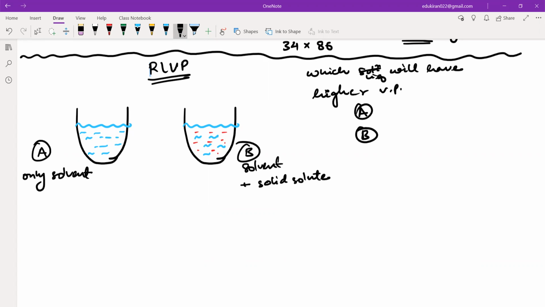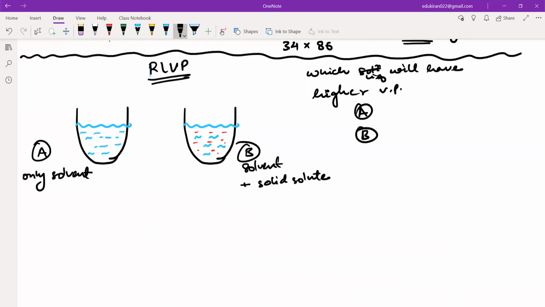Let me know when you are there. Can you read what the relative lowering of vapor pressure is?